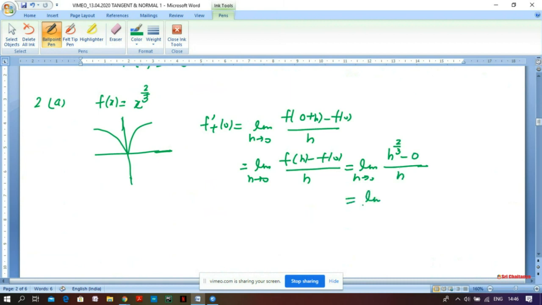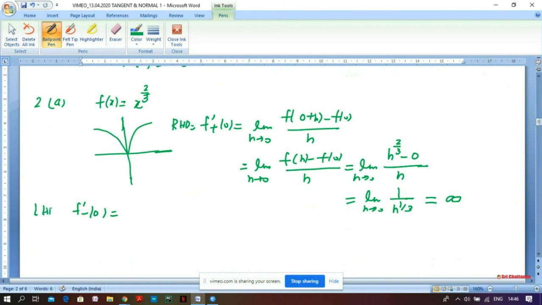That gives you limit h tends to 0, 1 over h to the power 1 over 3. And this number, h to the power 1 over 3, this limit is infinity. H is always positive.